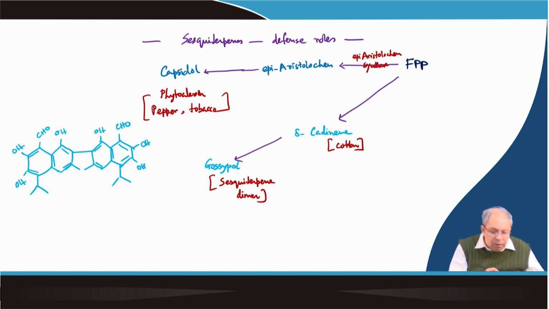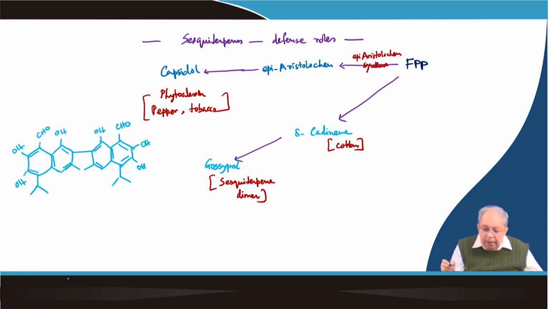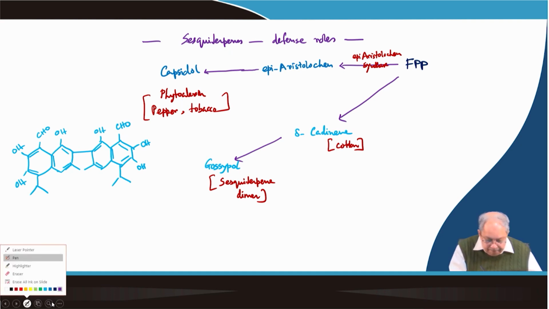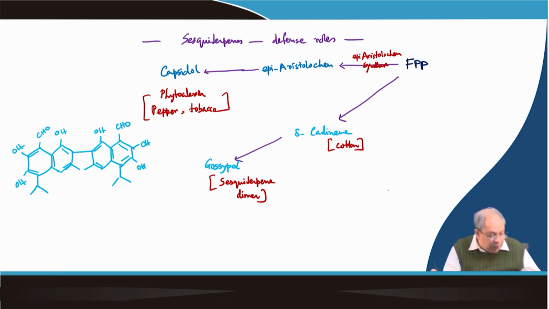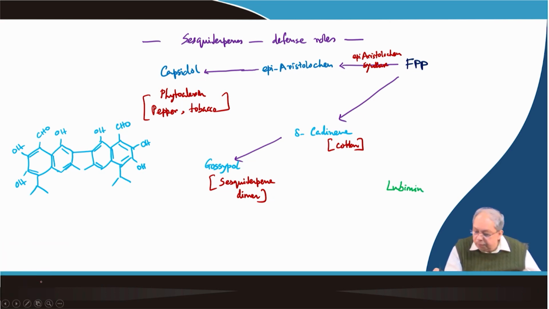So, now another defensive sesquiterpene, which is called lubimin, which you will find in potato.